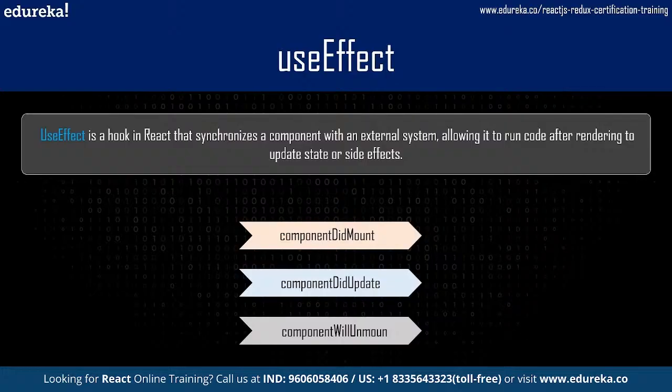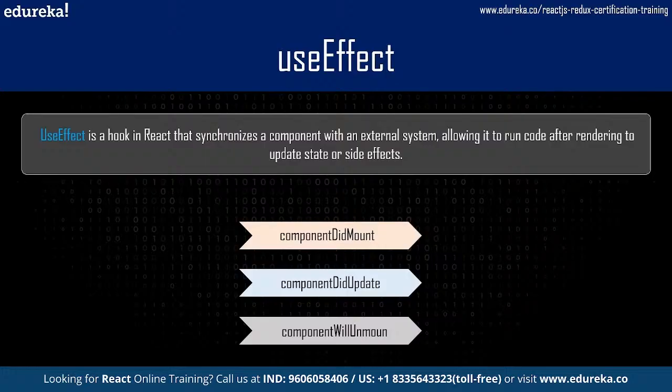So, as I said before, here we have componentDidMount, componentDidUpdate, and componentWillUnmount. These lifecycle methods are used in the class component. The next lifecycle I'll be explaining is componentWillUnmount. Here, when the component is unmounted, the cleanup function passed to useEffect will be run. This is for cancelling network requests or cleaning up any other side effects that were created.